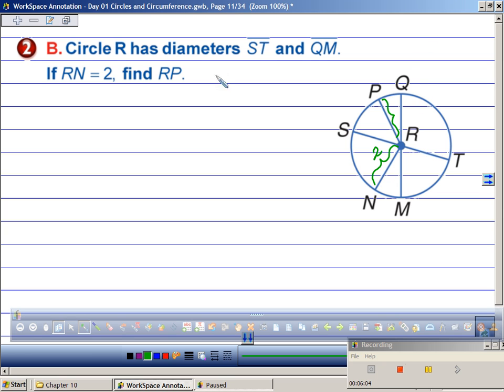So basically all I really want to say about this is that since all radii are what? Congruent, thank you. RP must be equal to 2.